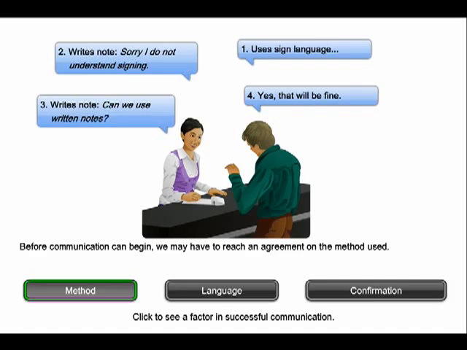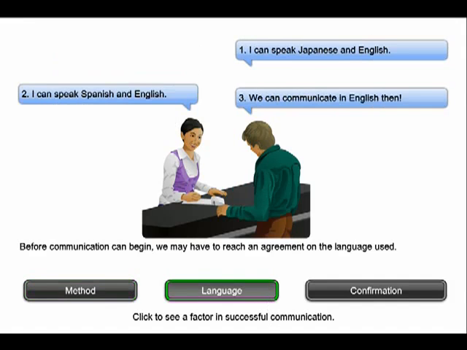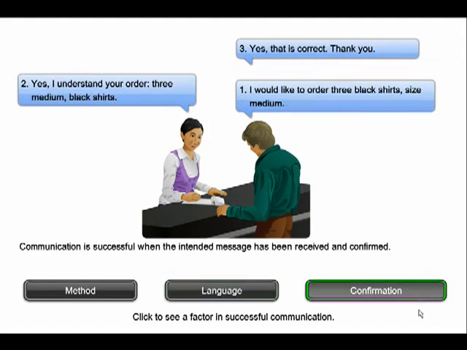This graphic includes an identified sender and receiver, a man and a woman, an agreed upon method of communicating, which is speaking, a common language, in this case English, and acknowledgments, the replies of yes. As we see, the man places an order, the woman acknowledges the man's request, and then the man verifies that the woman is correct. Without these acknowledgments, neither the man nor the woman would be certain that the other person received their message correctly.